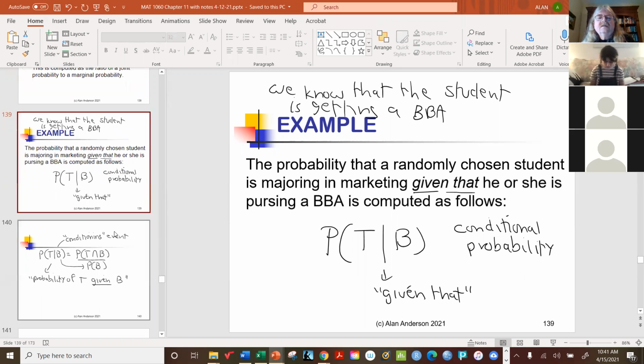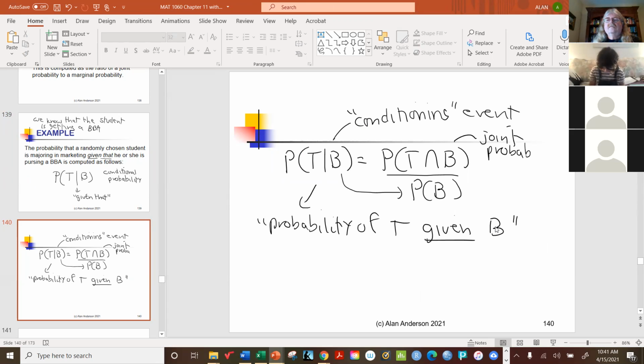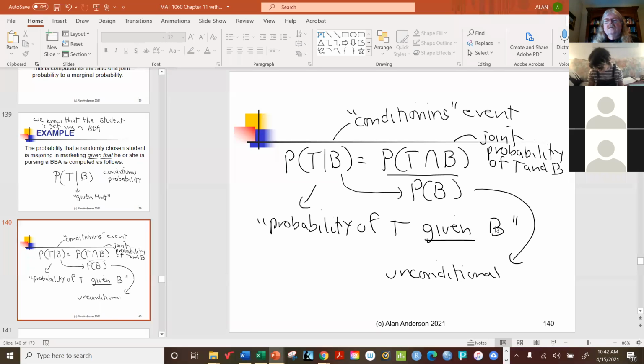Okay, now we have the ratio of, in the numerator, the joint probability of T and B. And down here we have the unconditional probability of B.